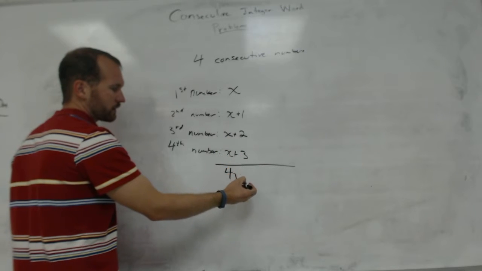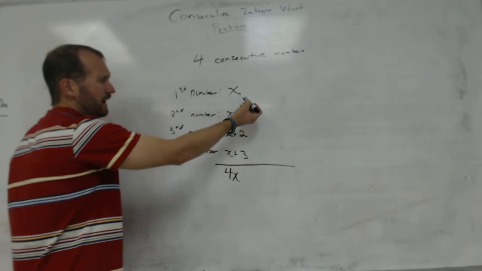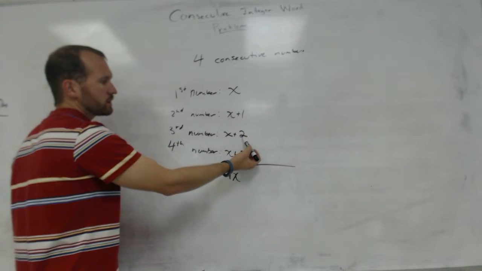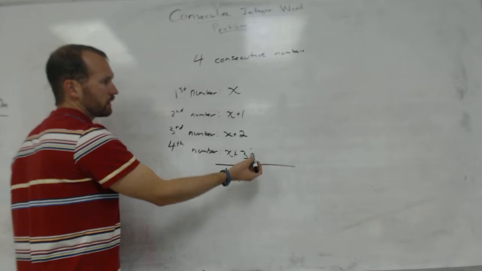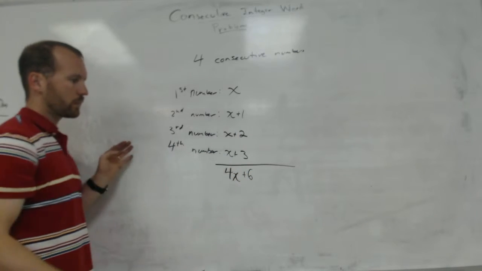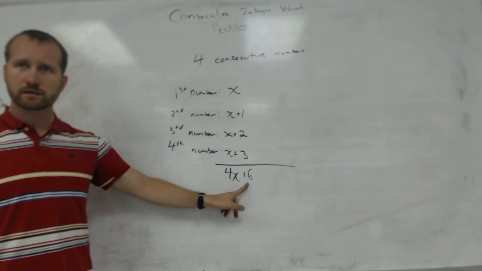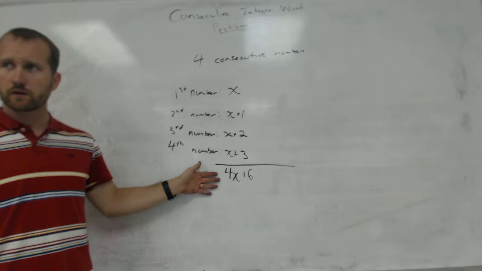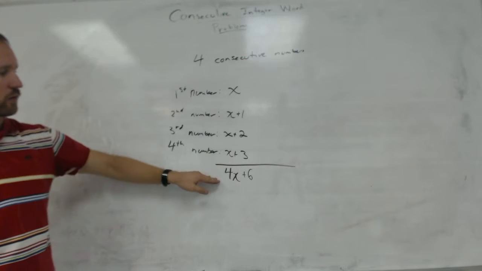And then I'm adding all the numbers together. 0, 1, plus 2, plus 3. 6. So 4x plus 6 is the sum of this. All I did was add up 4 consecutive numbers.